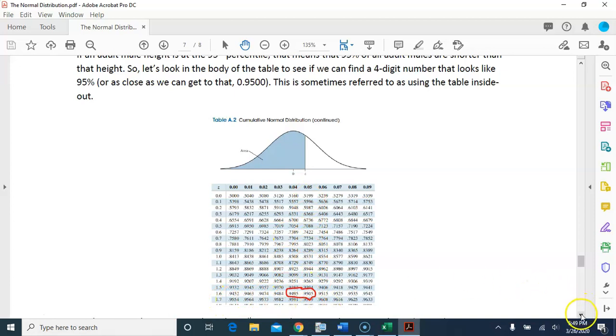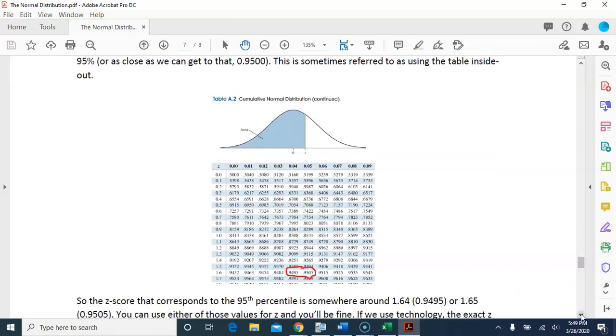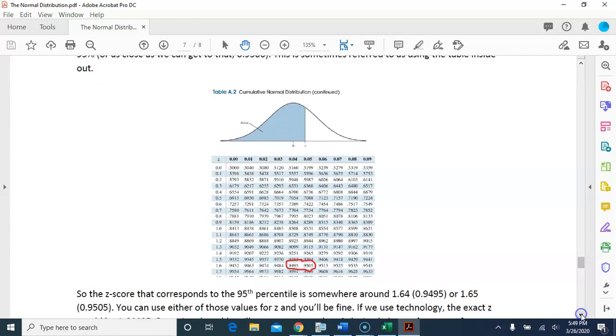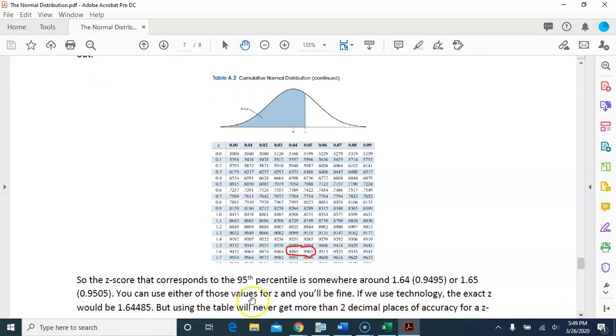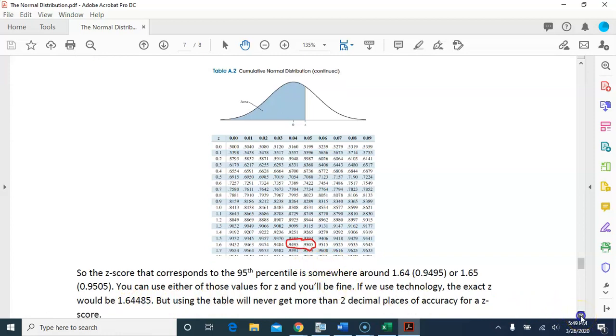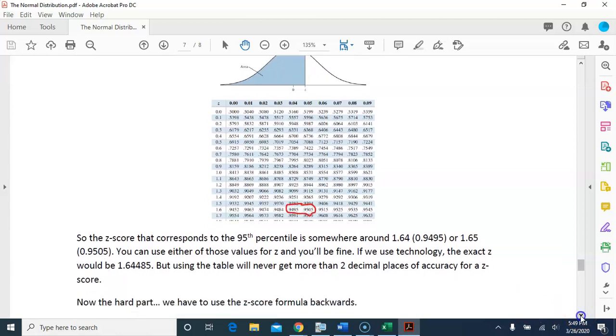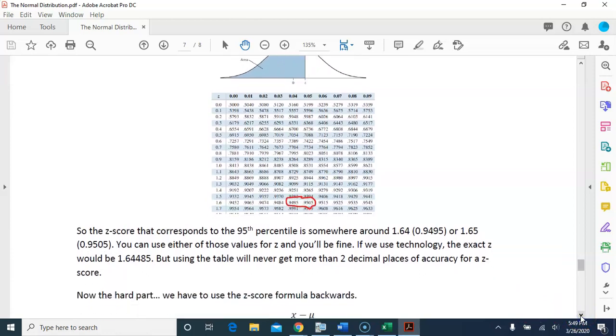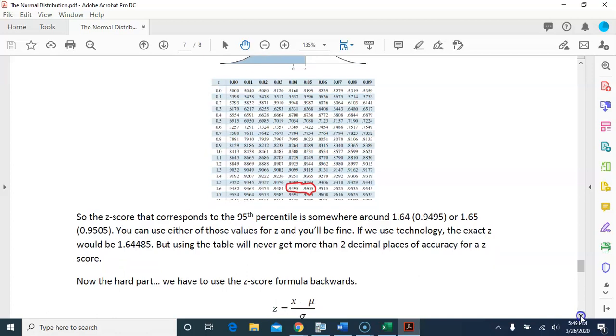And it doesn't really matter to me which of those you use. If we use the calculator, we would get a more precise answer of 1.64485, but either 1.64 or 1.65 is just fine. So now we know that the z-score should be about 1.64.